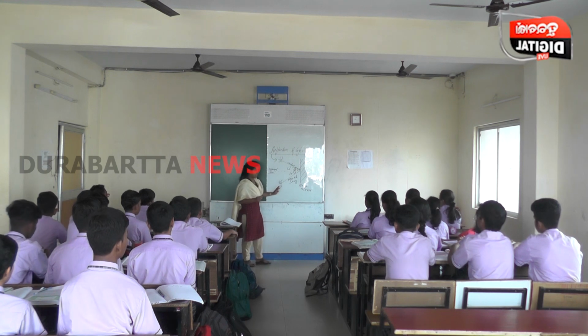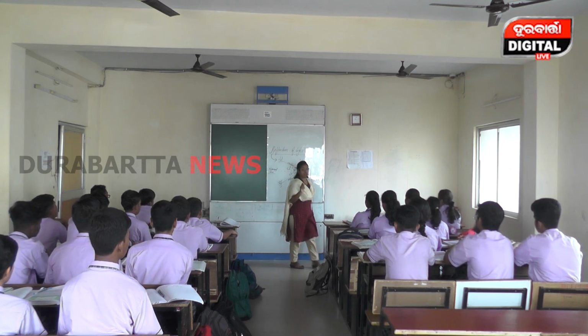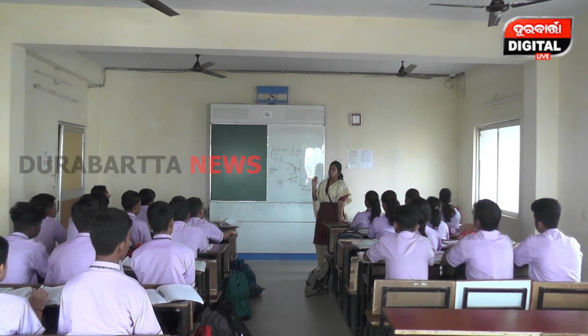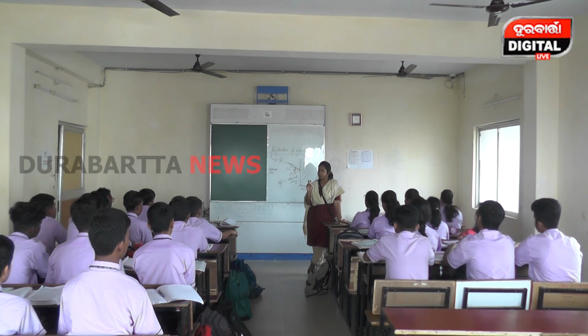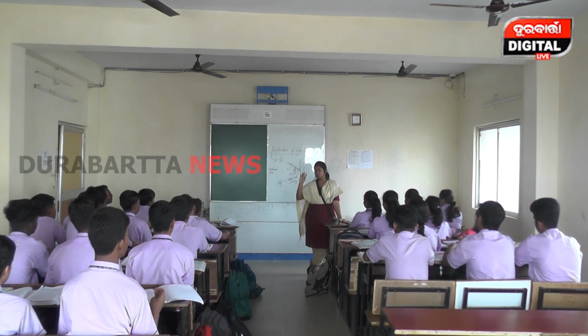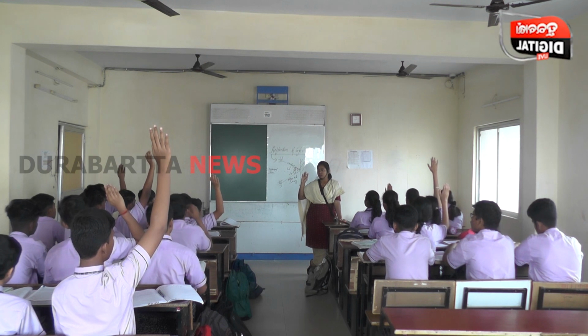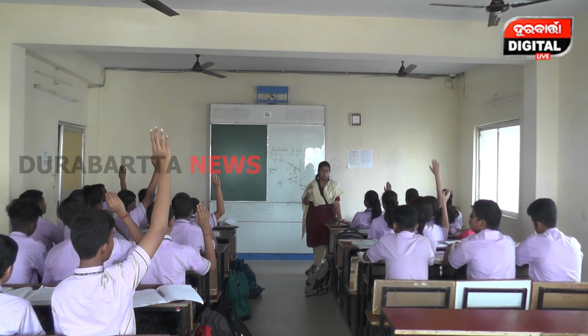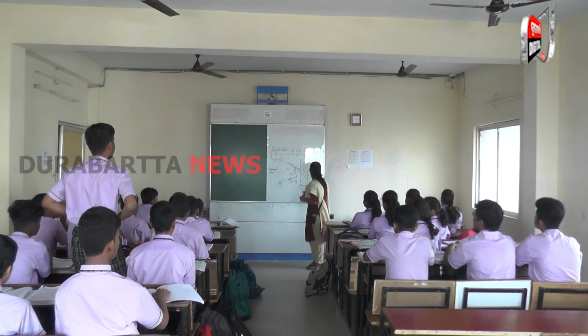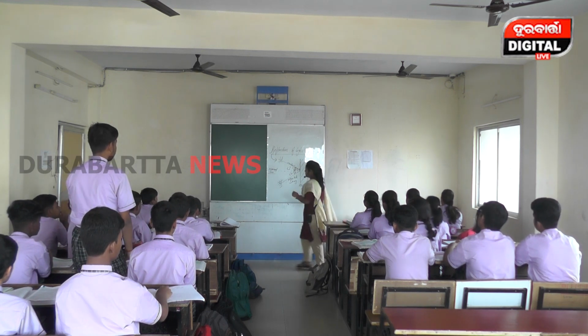From this ray diagram we can make two laws which are very common for reflection of light. What are those two laws? Raise your hand if you know the answer. Ayush, stand up. The normal, incident ray and reflected ray all lie on the same plane.